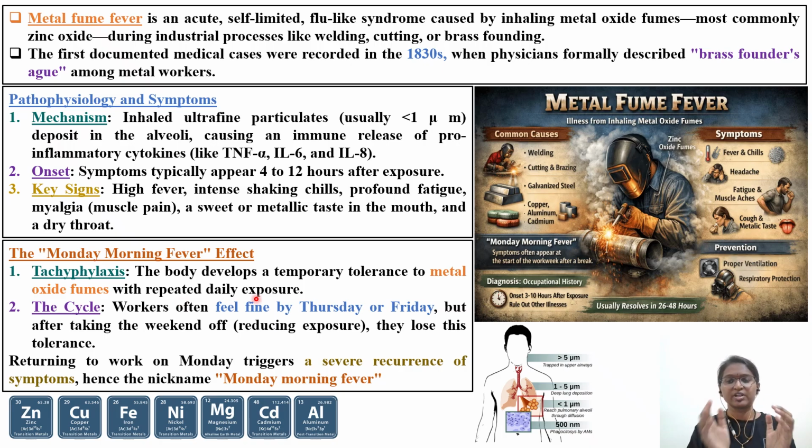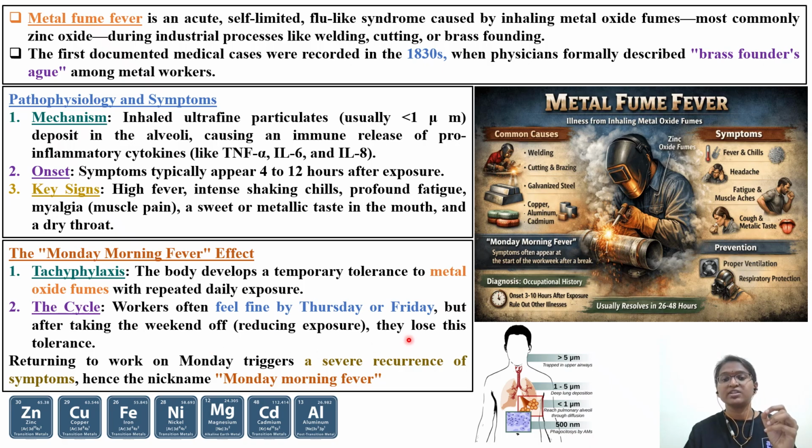A worker in this factory is exposed repeatedly to that metal from Monday to Friday, so he starts developing a tolerance. Even with alcohol tolerance or drug abuse, they have tolerance. Keep that concept in mind when reading this. Workers often feel fine by Thursday or Friday. But after taking the weekend off, on Saturday and Sunday, he will get fever.